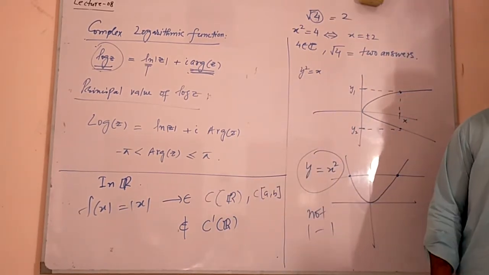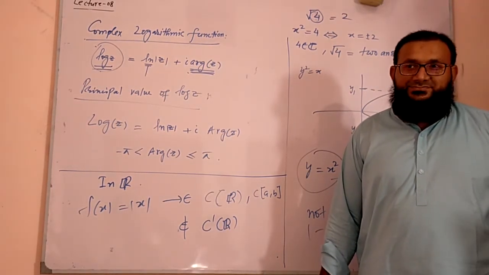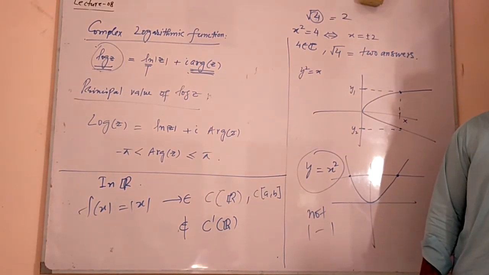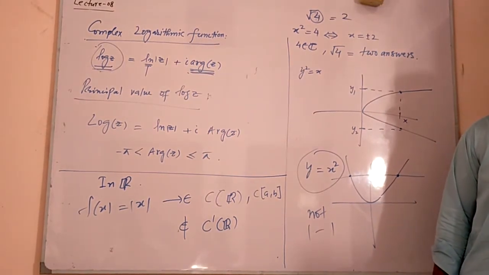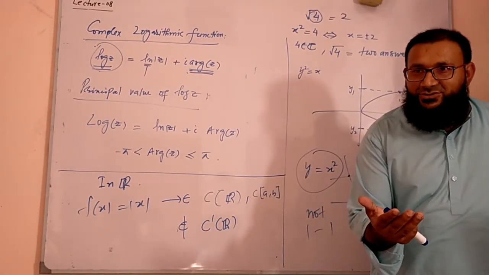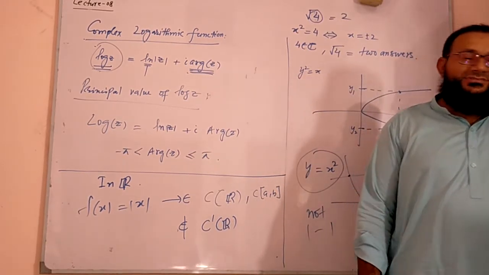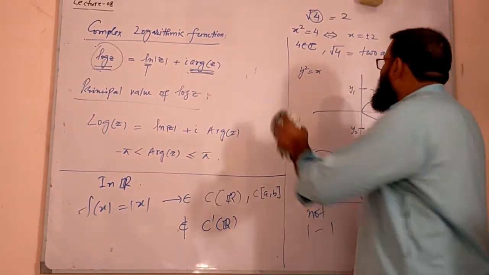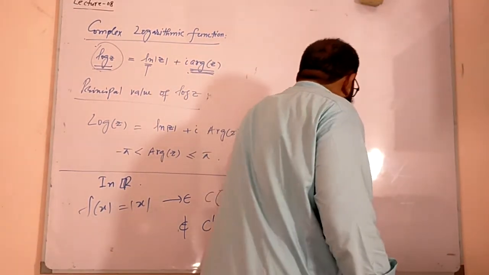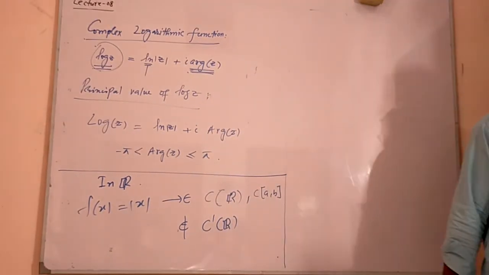Can you tell me a function which is differentiable once but not twice? A polynomial is differentiable infinite times. Constant, what is the derivative? 0. Derivative of 0 is 0. I am saying it is differentiable once but not differentiable twice.